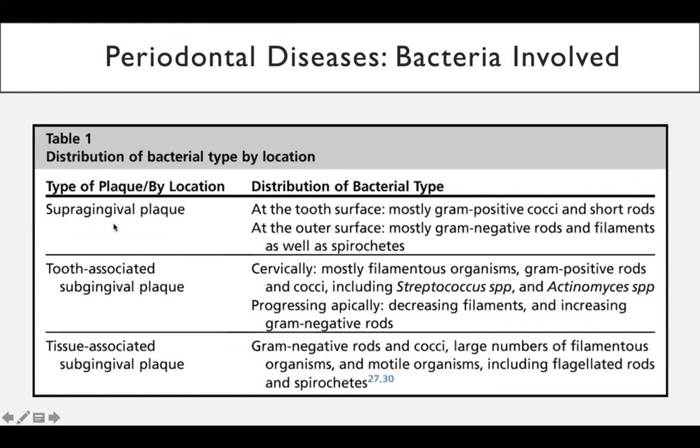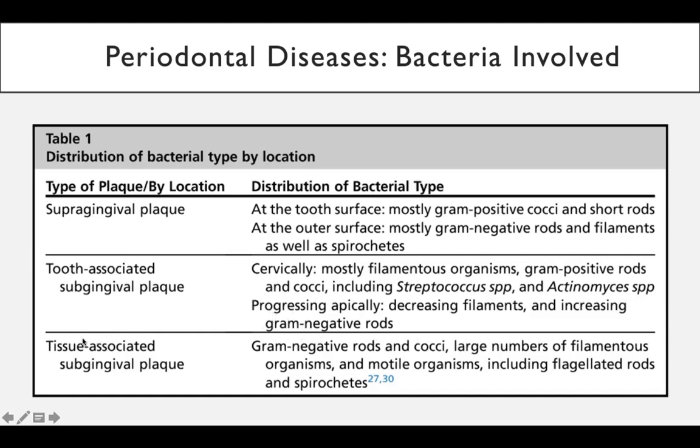Supragingival plaque, above the gingiva, at the tooth surface, is mostly gram positive. Tooth surface gram positive, outer surface gram negative. And tooth-associated subgingival plaque is mostly gram positive, and progressing apically, it is gram negative.